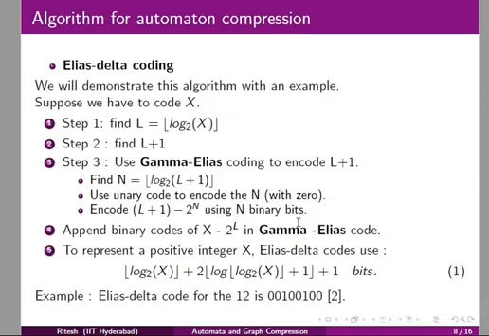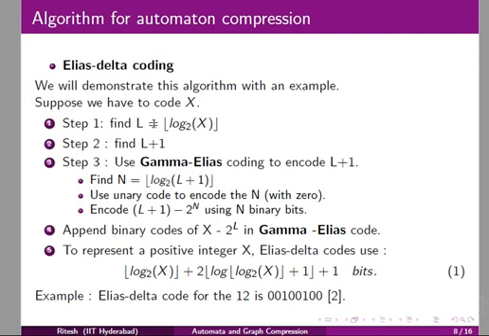So for the automata compression algorithm, we use Elias delta coding for the compression of our graph using the automata model. Let us understand Elias delta coding with the help of an example. Suppose we have a value x and we want to code that value x using Elias delta coding.